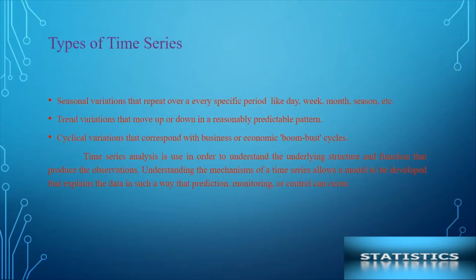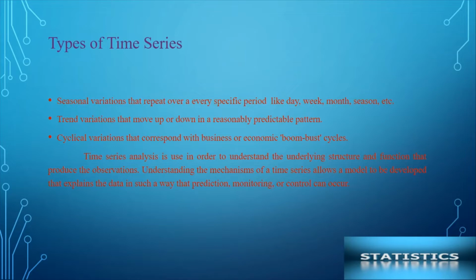Generally, we can observe three types of variations in any data set related to time. The first one is seasonal variation, which repeats over a specific period of time, like rainfall in India from June to September, which is the rainy season.